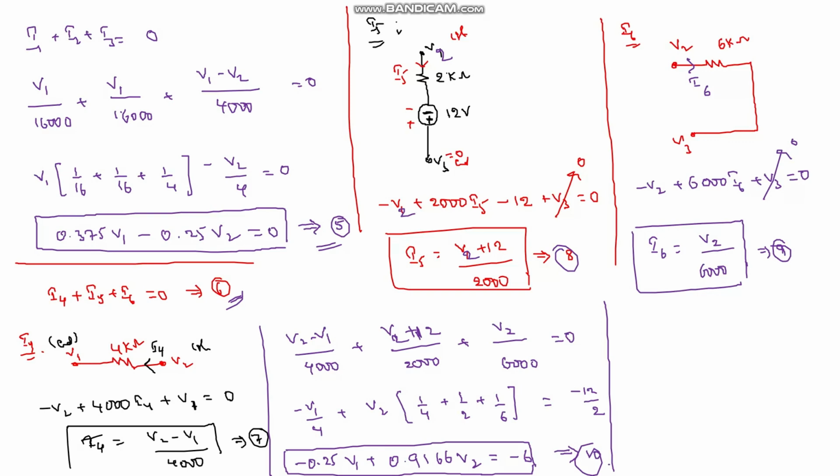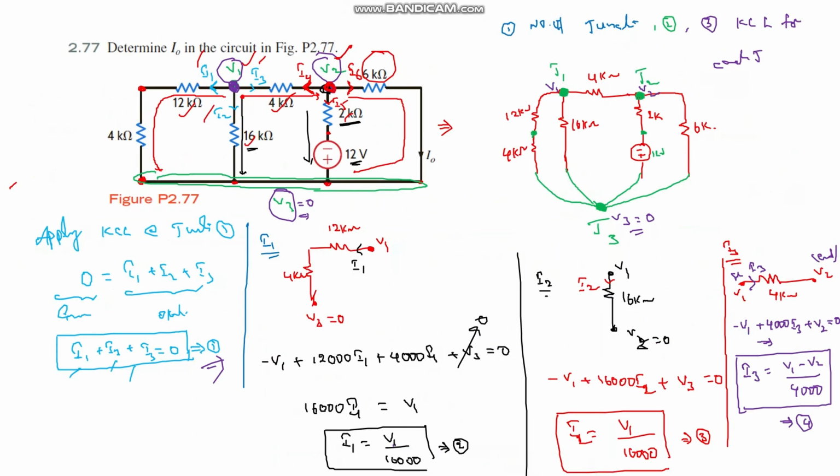After solving these two equations, I got V1 equals minus 5.33 volts and V2 equals minus 8 volts. V1 and V2 are the junction voltages. But the question is, we have to identify the value of I naught in the given circuit.